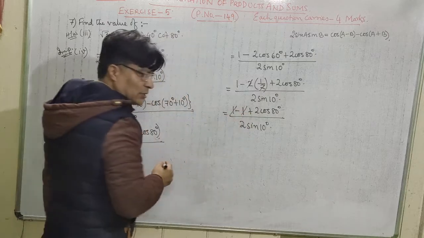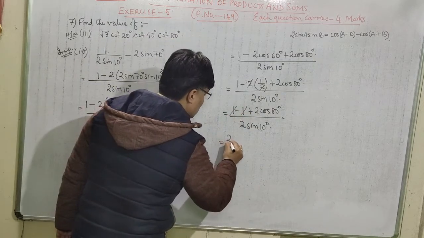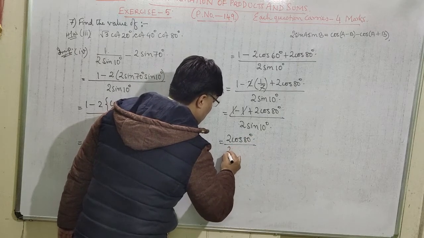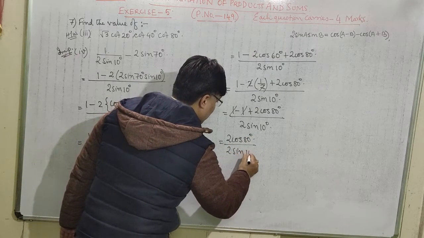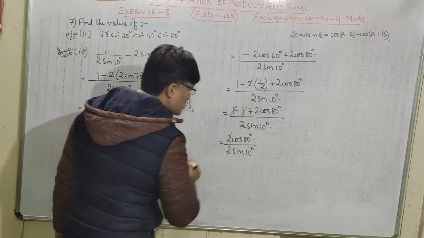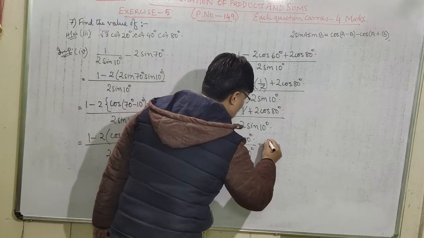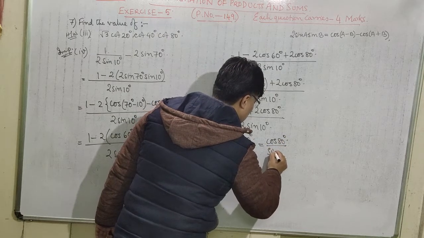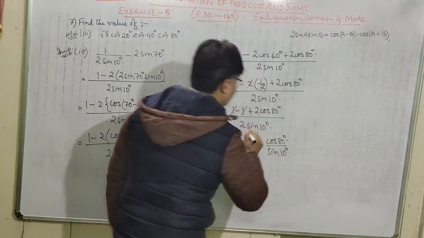So here this 1 gets cancelled, which is equal to 2 cos 80 degree divided by 2 sine 10 degree. Here also this 2 gets cancelled, which is equal to cos 80 degree divided by sine 10 degree.